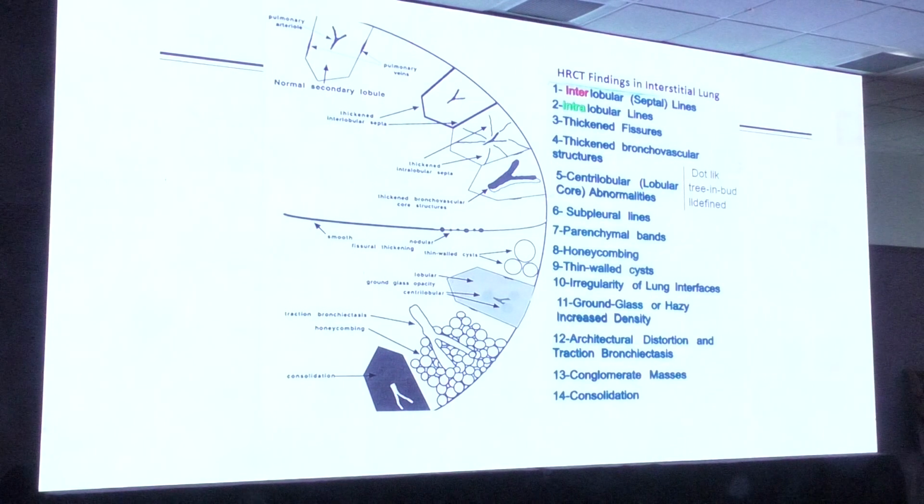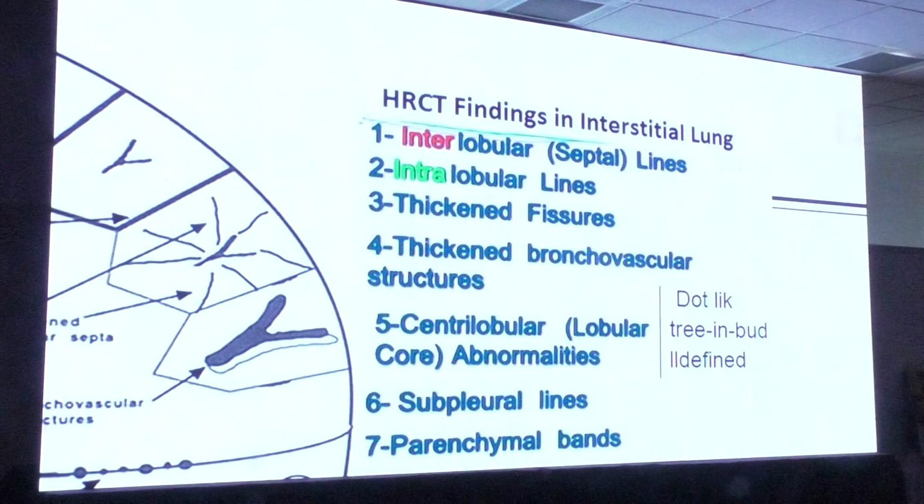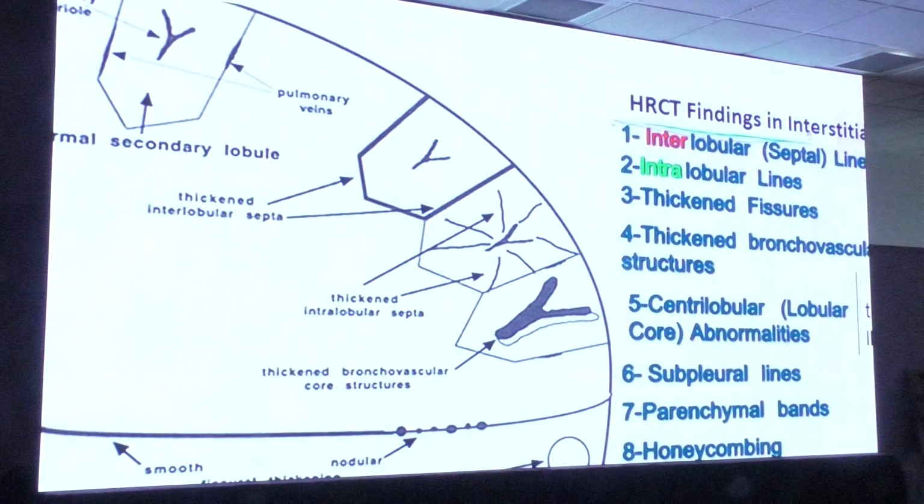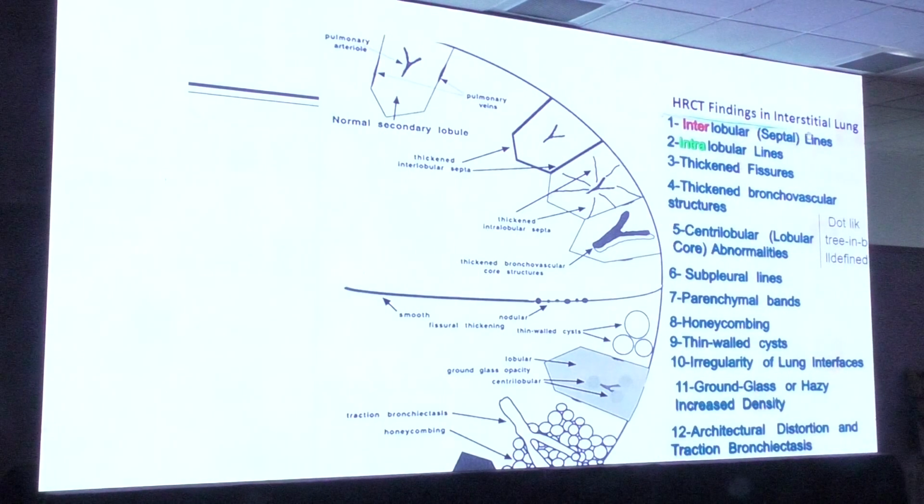So coming to the patterns, what are the patterns that you can diagnose in an HRCT? This is the normal secondary lobule. Starting with the normal, then you have the thickened interlobular septa, which you can diagnose. Then you have the thickened intralobular septa, which I told you, the interstitium surrounding the alveoli.